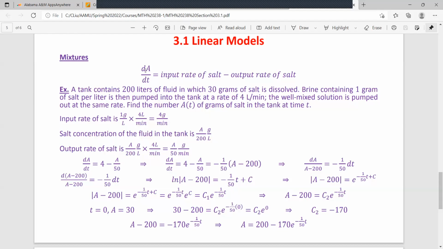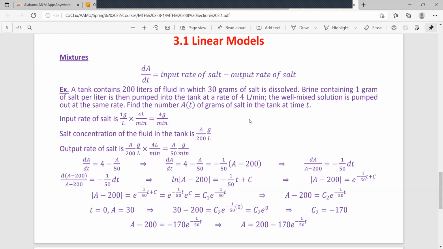So the rate of change of the amount of pure salt in the tank is equal to the input rate of pure salt minus the output rate of pure salt. That's the physical law, or the equation we start with.